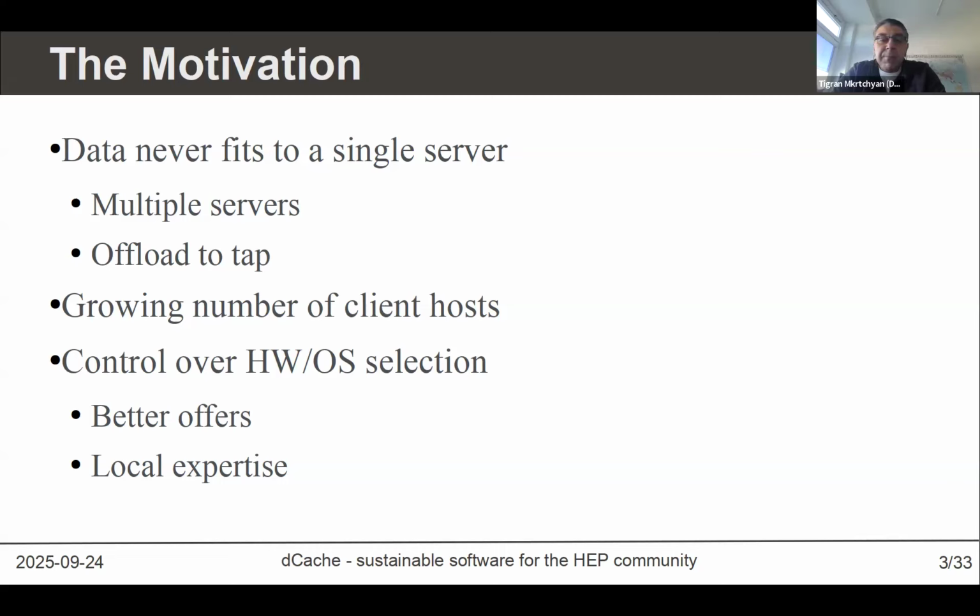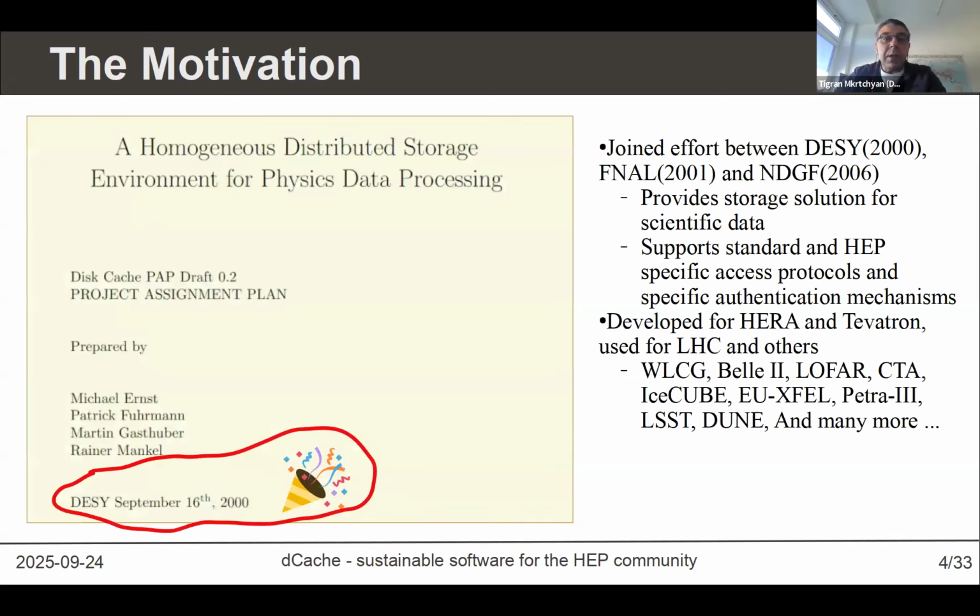And the sites have their requirements, what they can run as hardware and software to make efficient use of the people that they have available to run the systems. As a result, back in 2000, in a joint effort between DESY and Fermilab, and later on NDGF, we started to build a system that is today known as dCache.